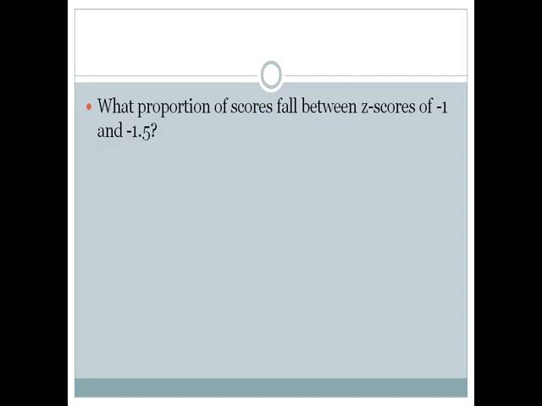Alright, let's do another example. What proportion of scores fall between z-scores of -1 and -1.5? Let's graph that. Let's do a normal distribution-ish.